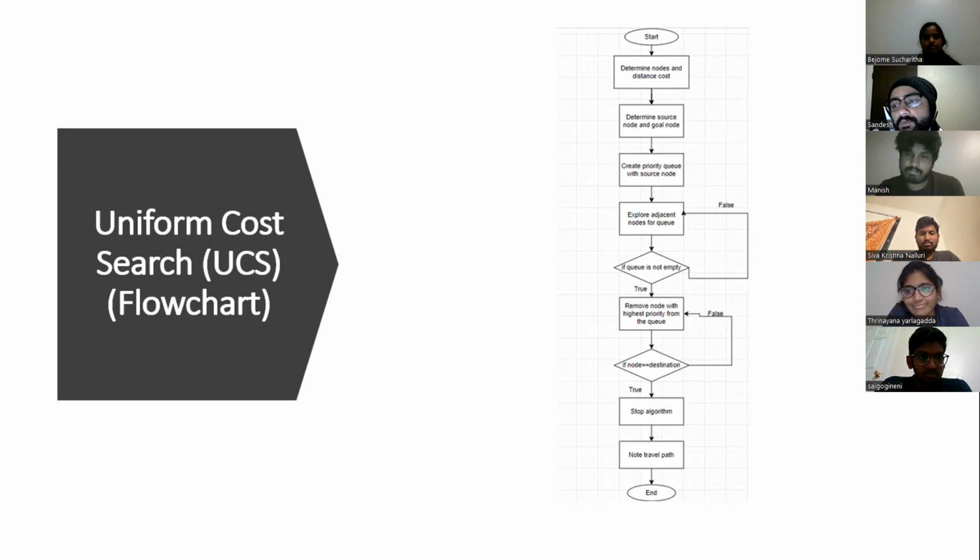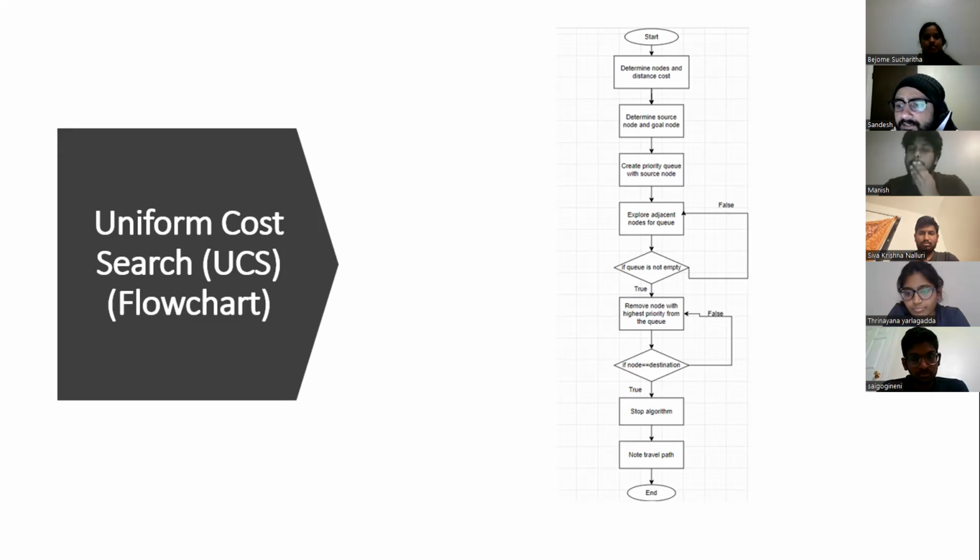If the queue is not empty, it removes the node with the highest priority from the queue, which is going to be the node that has the lowest distance cost. The algorithm will only stop when the node removed is the destination, and then we note the travel path.